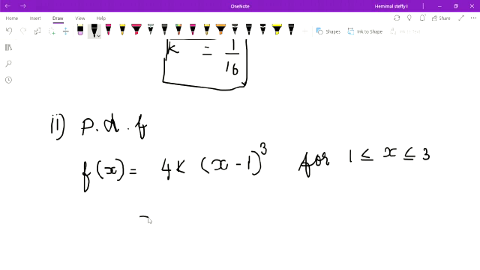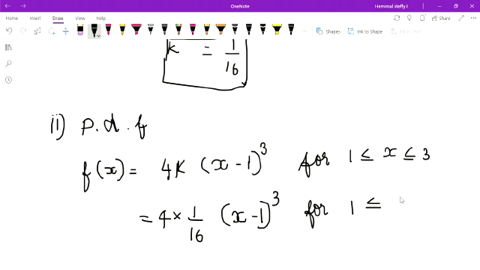Then, instead of k, we have already found the k value, so I substitute here 4 into 1 by 16. I write (x minus 1) whole cube as it is, for 1 less than or equal to x less than or equal to 3.